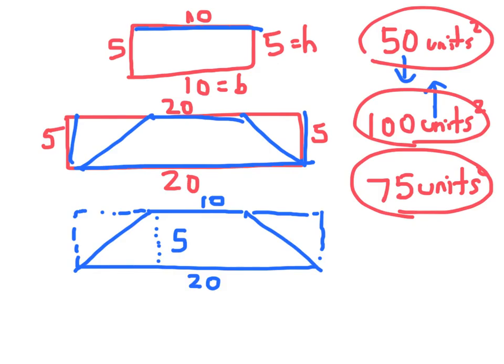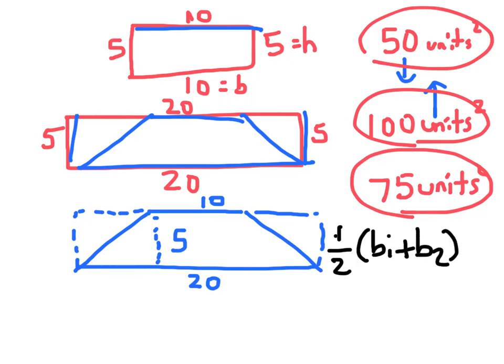And let's go back to the formula we looked at. The formula was, I'm going to just use one of them, 1/2 times (B1 plus B2) times H. What this formula for the trapezoid was really doing is taking the two bases, that's what the B stands for, and averaging them.